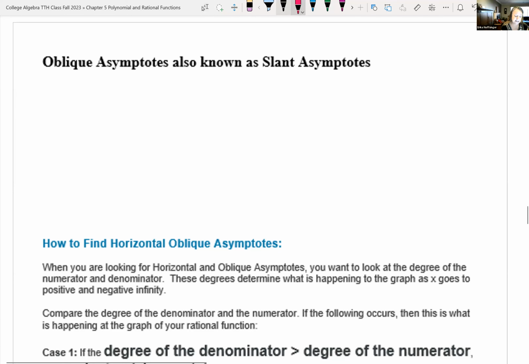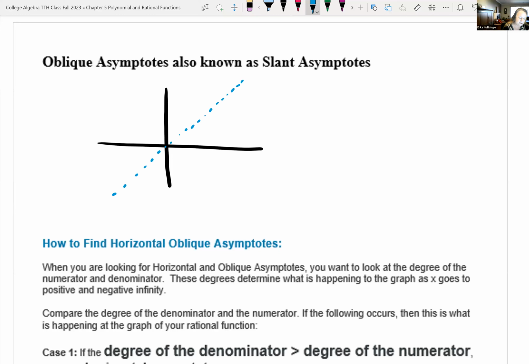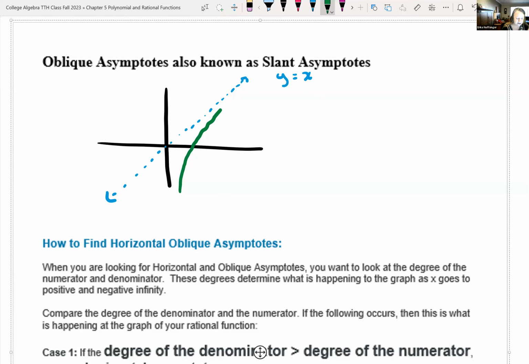So for instance, maybe we have the line y equals x as a slant asymptote. And so what could be happening here as we're going off to positive infinity, we're just going to get closer and closer and hug this line y equals x.